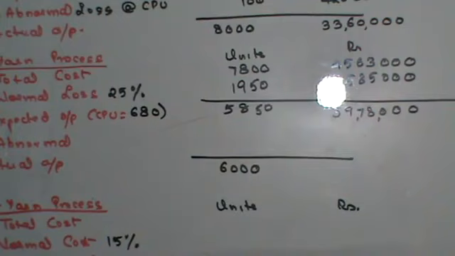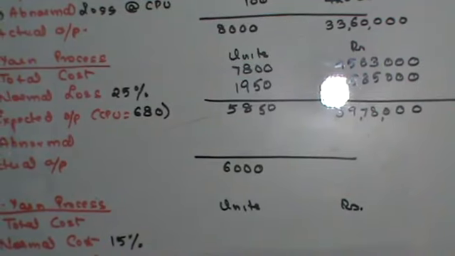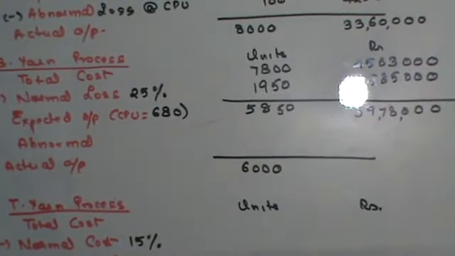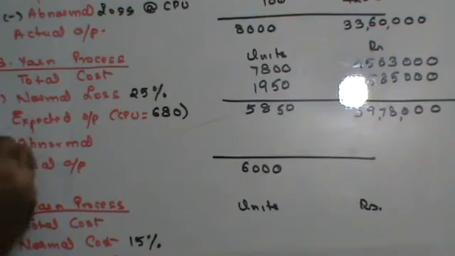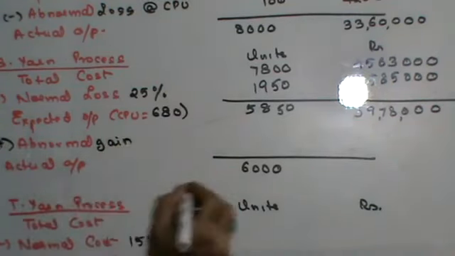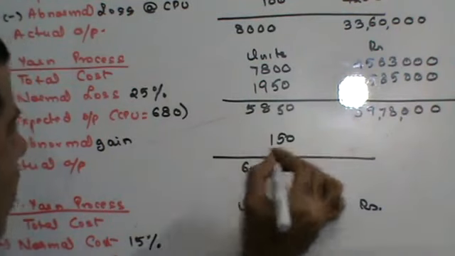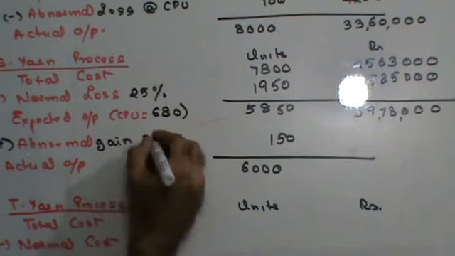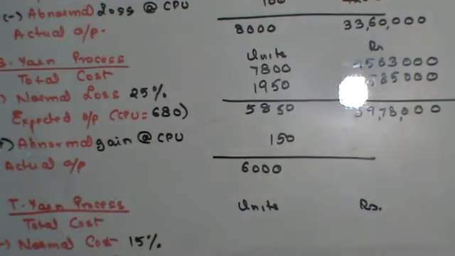Now you were expecting an output of 5,850 units, whereas you got an output of 6,000 units. That means there has been an abnormal gain, right, of 150 units. Abnormal loss and abnormal gain are always calculated at the rate of CPU.